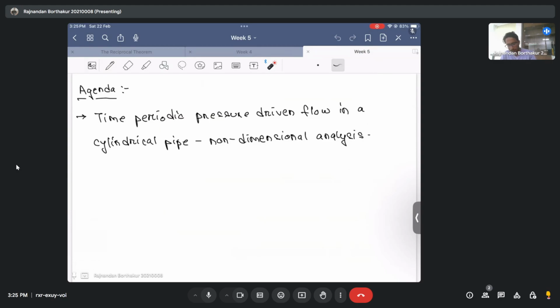Okay, all right. So if no questions, what we did until now, if you remember, is that we looked into the scales, and prior to that we looked into some special class of problems where we seek exact solutions to the Navier-Stokes equations by making certain assumptions.